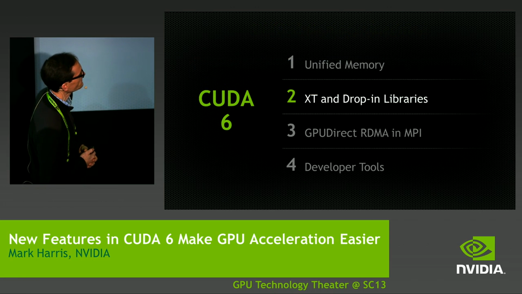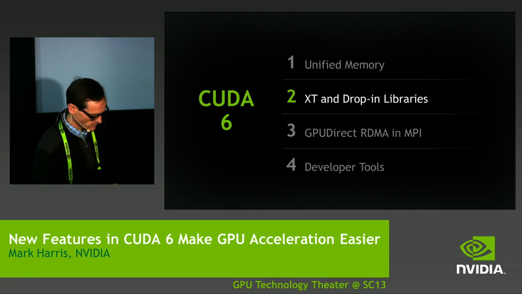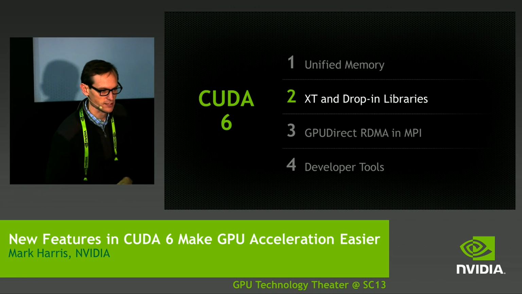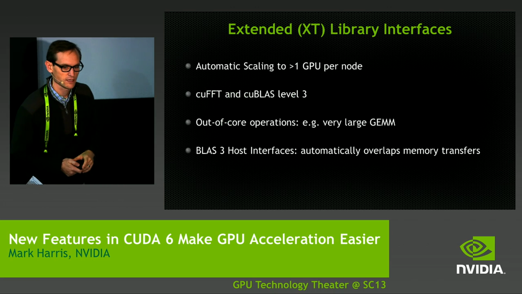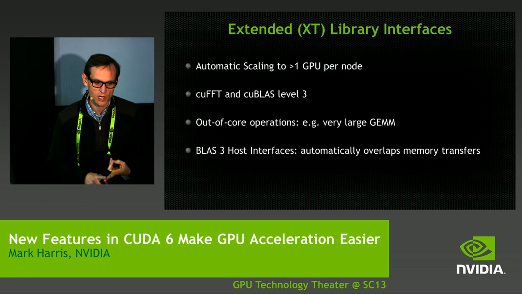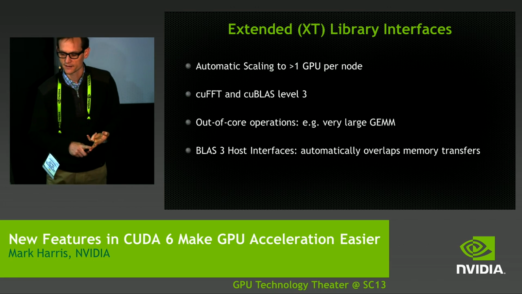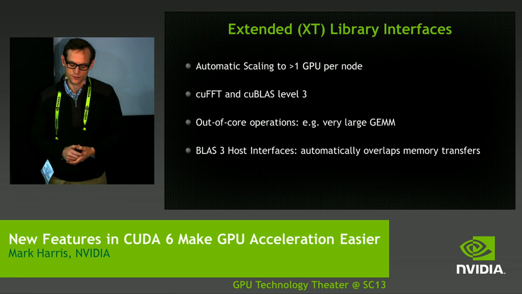So that's unified memory. The next feature of CUDA 6 that I'll talk about is what we call the XT library interface and drop-in libraries. XT stands for extended, so this refers to new features in cuFFT and cuBLAS level 3 that provide automatic scaling to more than one GPU per node.